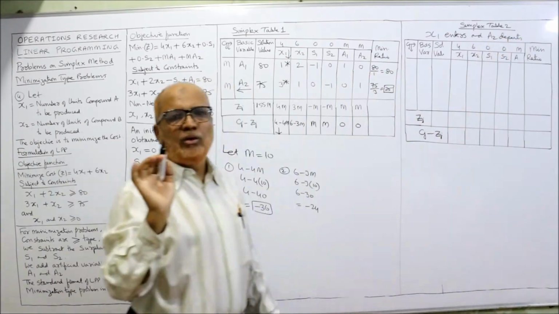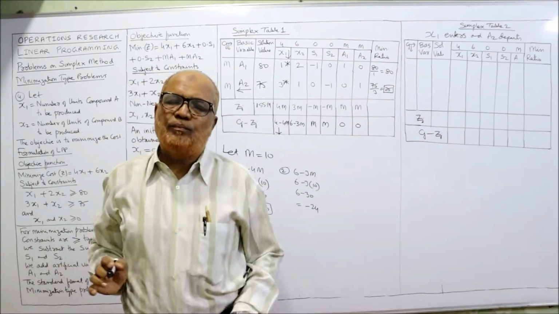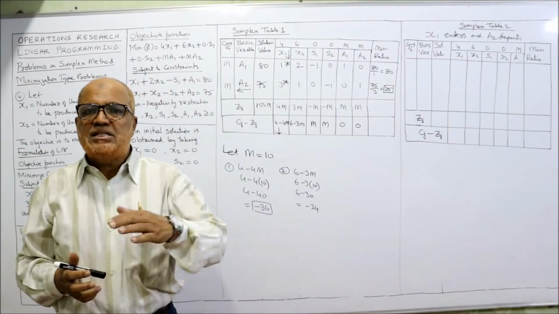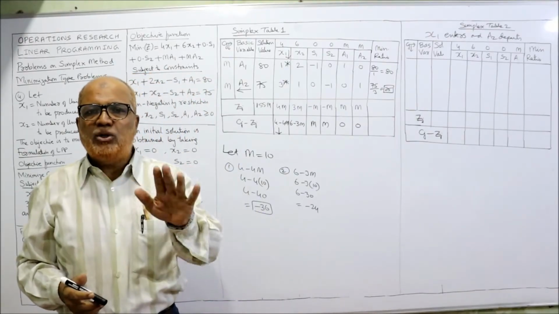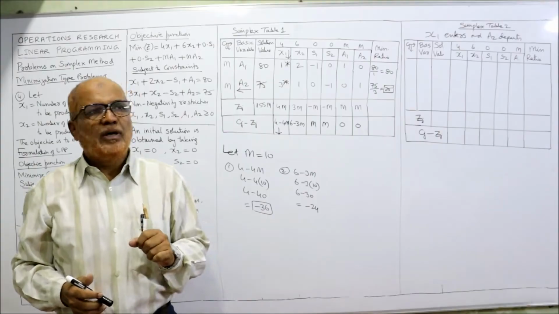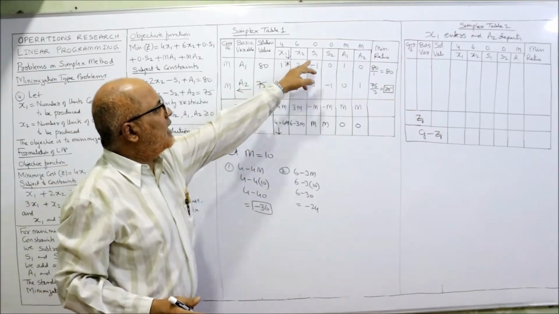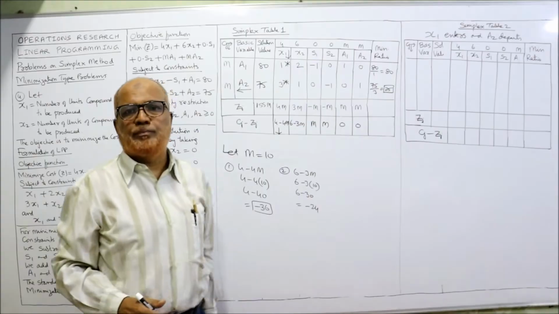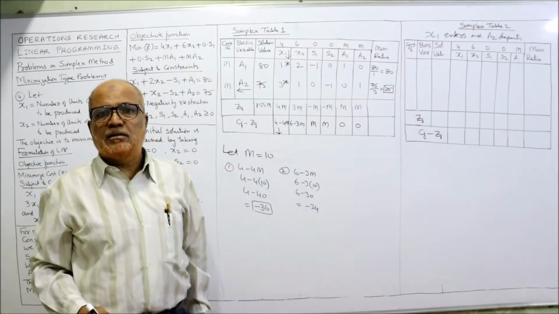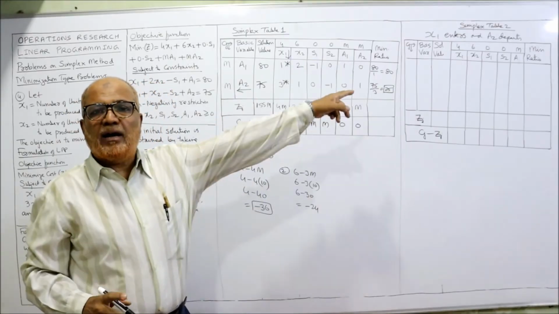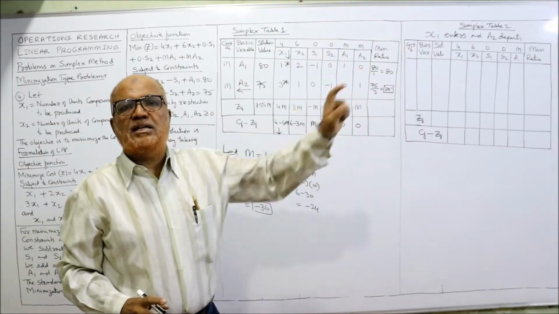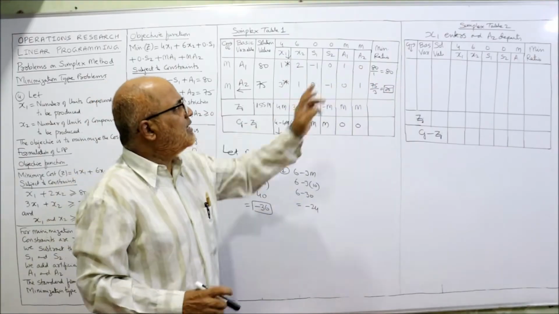And one more point you remember and note it down. When artificial variable is departed, no need to open the column. Here we have x1, x2, s1, s2, a1, a2. Now a2 is departed. So no need to make a2 column in the next table. Only a1 is required.